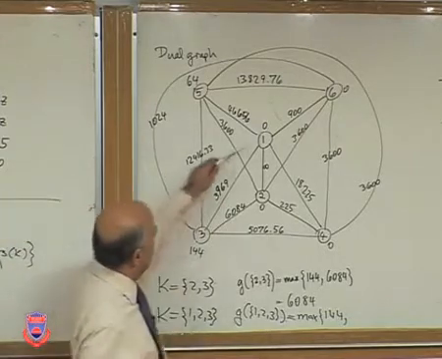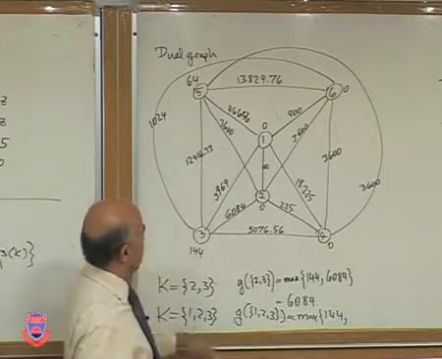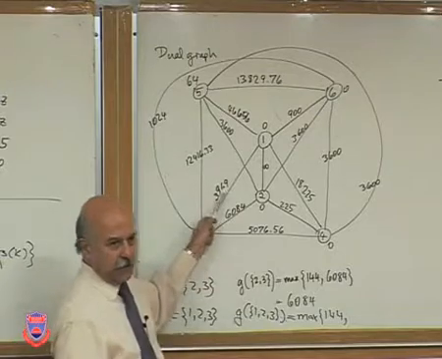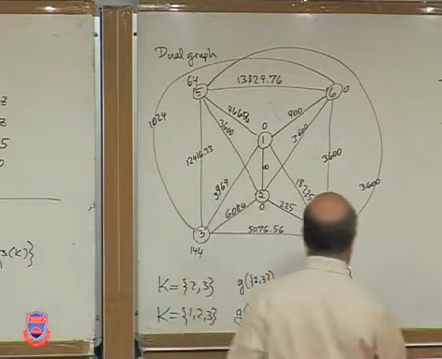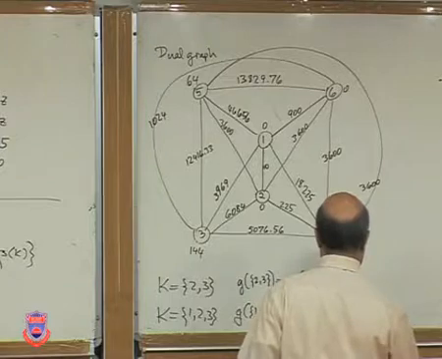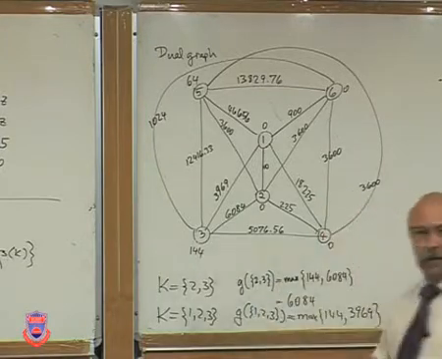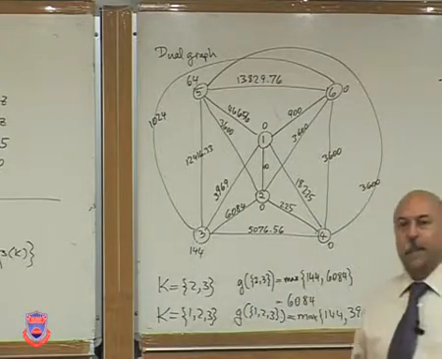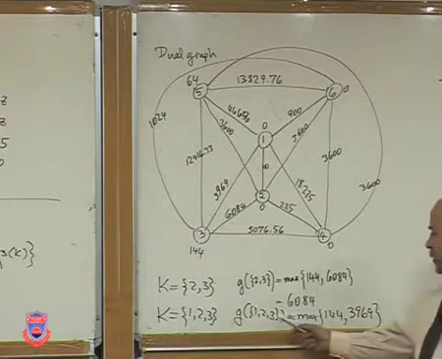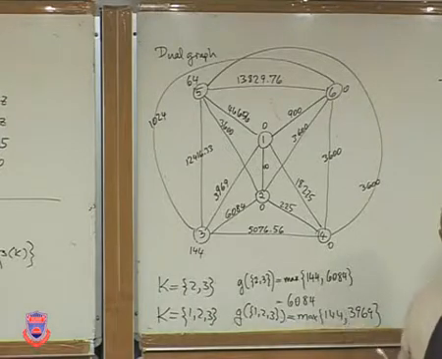And then the beta value will be how much? The smallest of them. 3969.